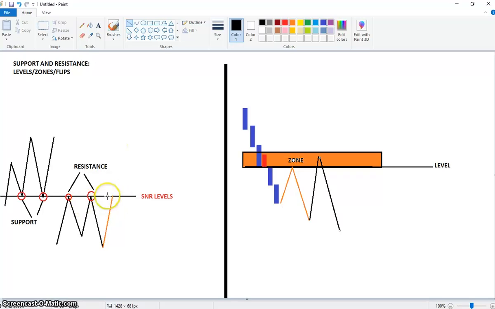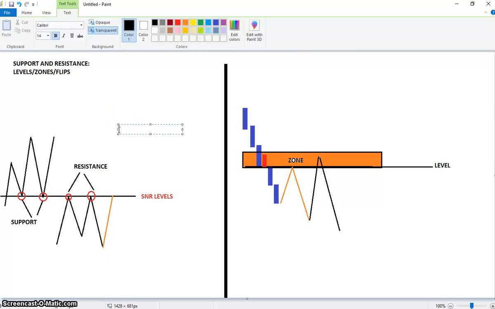Some people can use, okay, let's write it here. How to mark S and R, that is support and resistance levels.